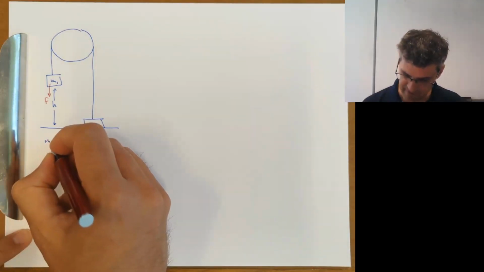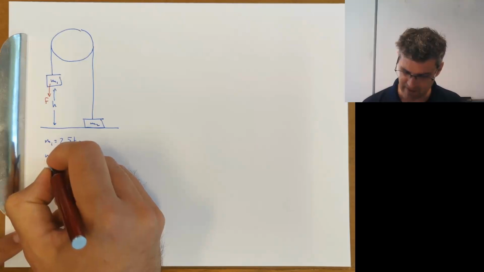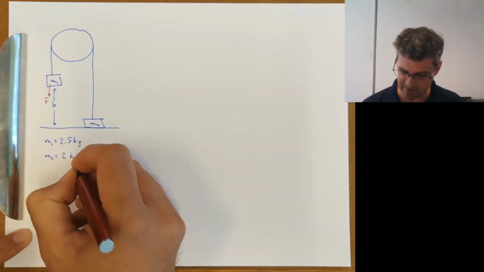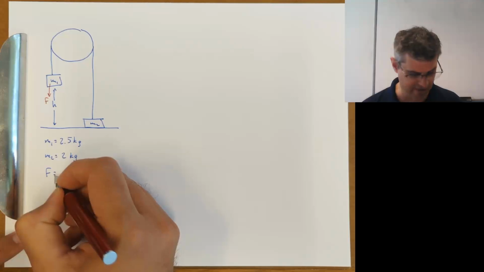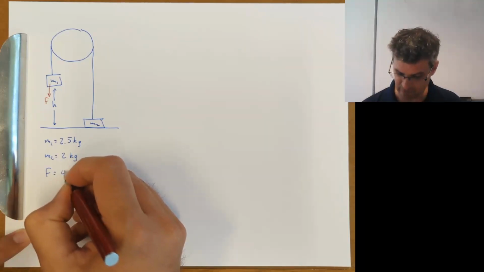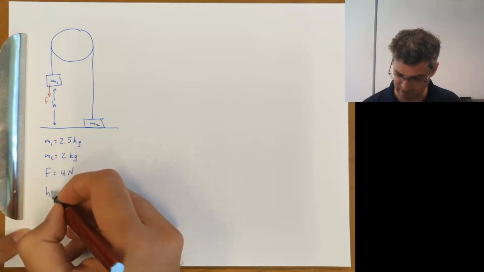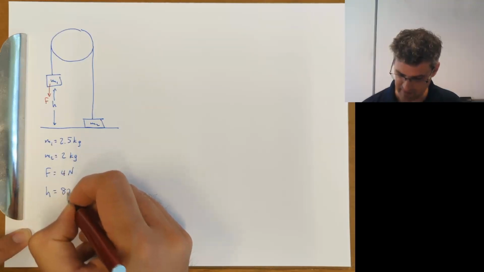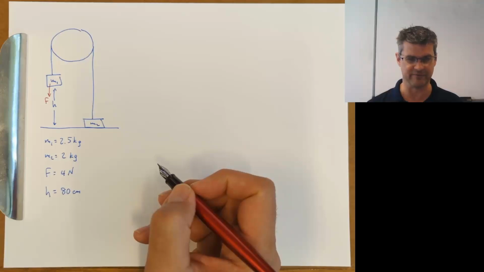M1 is going to be 2.5 kilograms, and M2 is going to be 2 kilograms. The force that I'm applying is 4 newtons. And finally, the distance that M1 starts above the table is going to be 80 centimeters, just short of a meter.